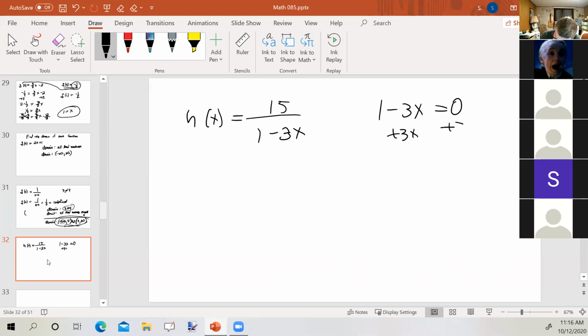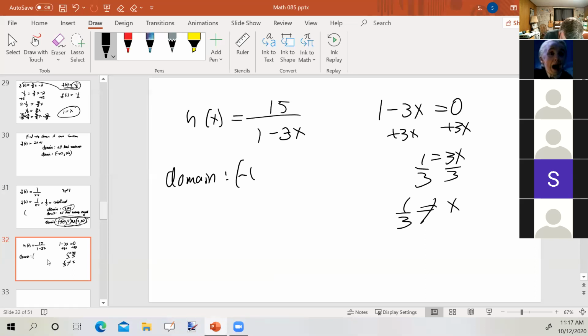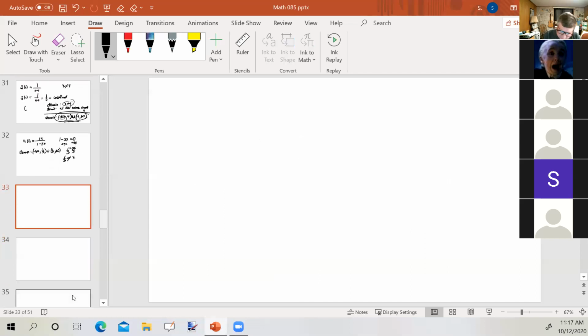If we add 3x to both sides and we divide by 3, we get x equals 1/3. So we don't want x to be 1/3 because it makes the denominator 0. So the domain would be from negative infinity up to, but not including 1/3, and from 1/3 on to infinity. Okay? Everything but 1/3.